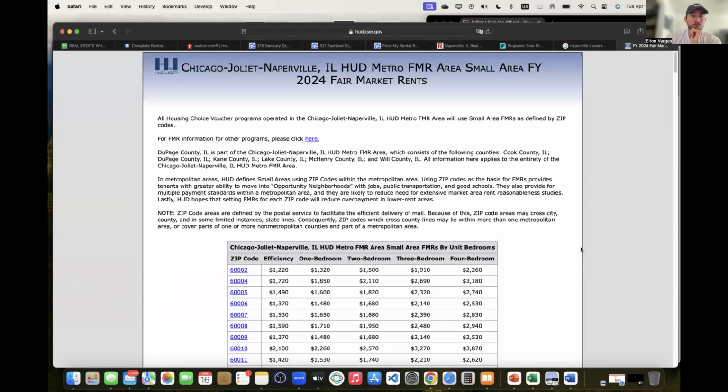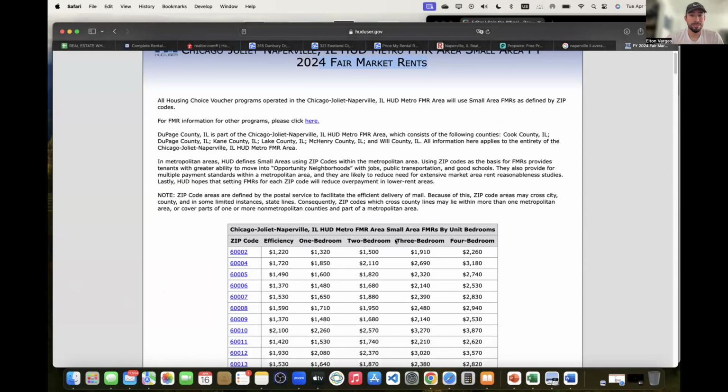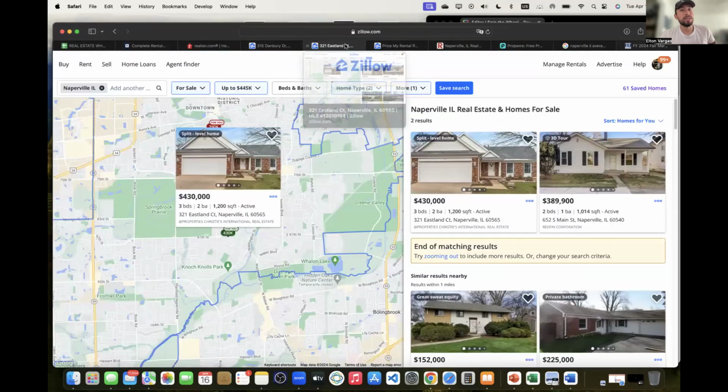This is going to be the 2024 fair market rents. I'm not sure if the one you're looking at is, because I see 2023 right there, maximum. So this is going to be 2024 fair market rents. This is the thing we have to bring into it, and it's a three bedroom property that we're looking into as well. So we're capped on it whatsoever.